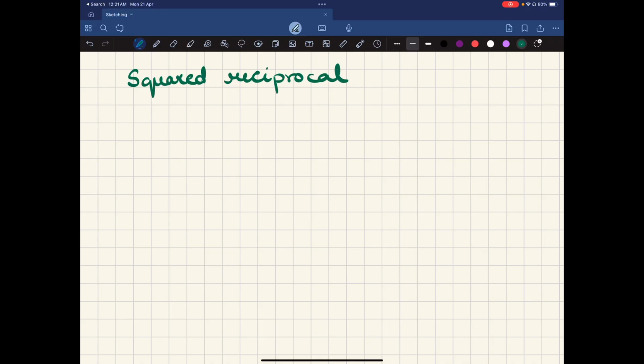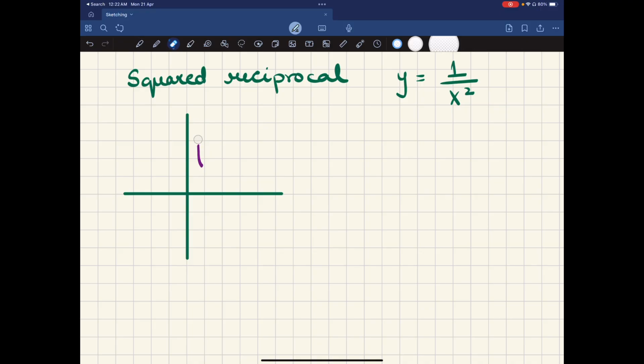Okay, the general form, or the most simple form, is y equals 1 divided by x squared. The graph of such a function would be of this shape.